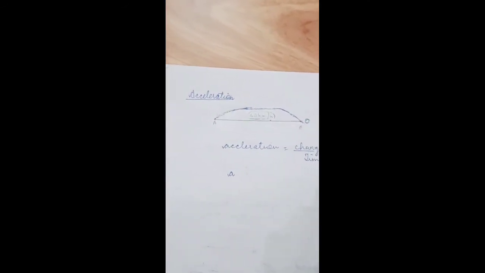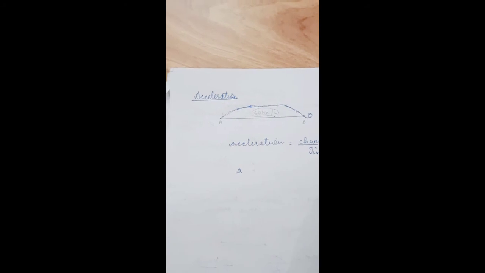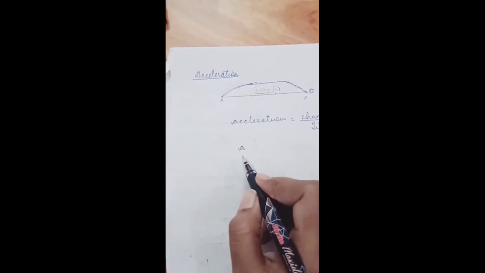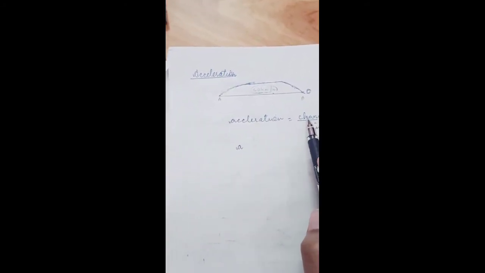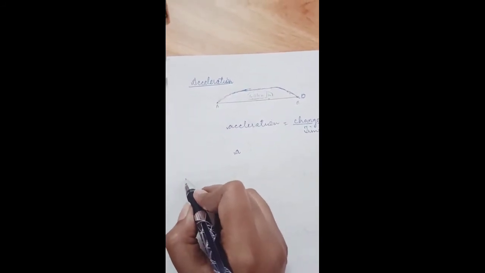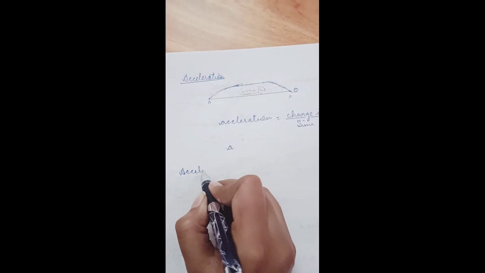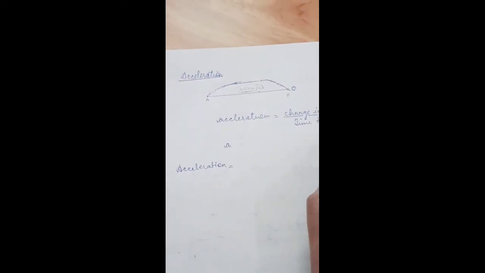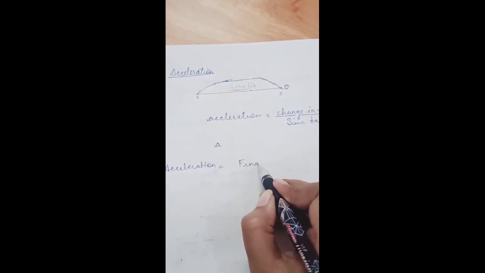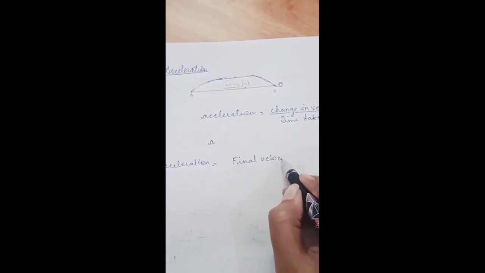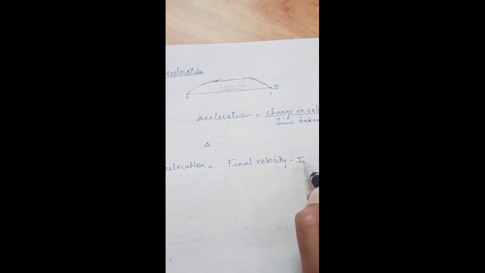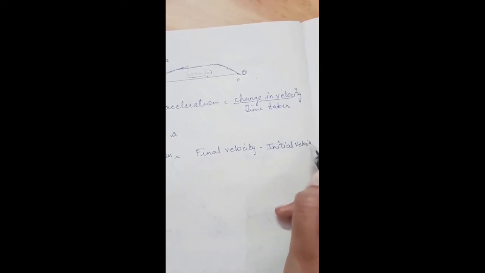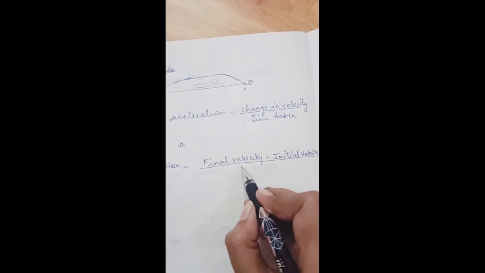Now what is this change in velocity? This change in velocity means final velocity minus initial velocity. So acceleration is equal to change in velocity, and this change in velocity is final velocity minus initial velocity upon time taken.